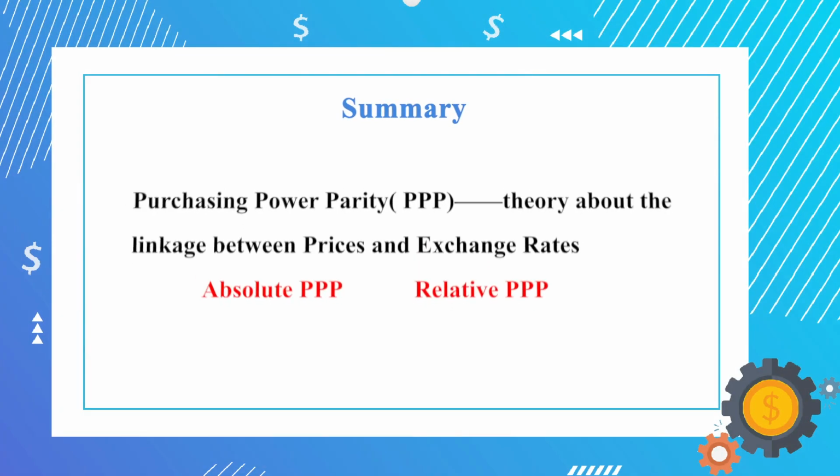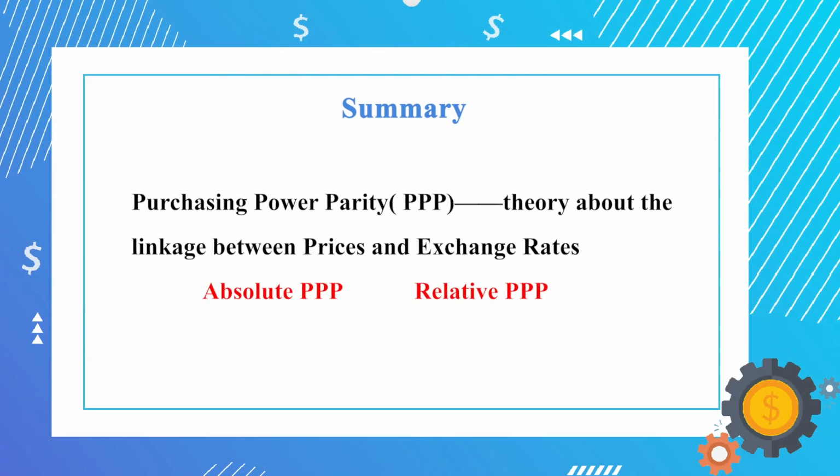From this video, we began to learn about the theory of purchasing power parity, which can be shortened as PPP theory. It's based on the law of one price. It is the theory about the linkage between prices and exchange rates. There are two kinds of PPP theory, absolute PPP and relative PPP.